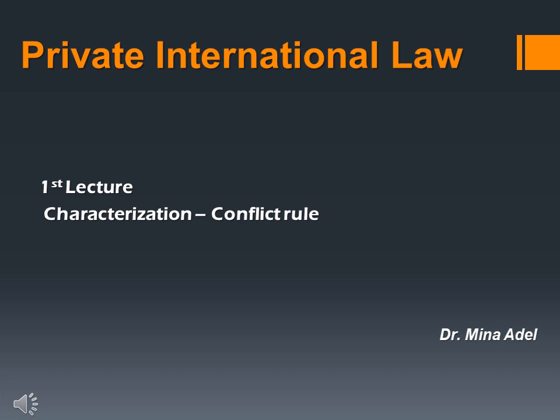So in this case we will not need to apply the classic mechanism of conflict of laws. We will apply this convention directly. So we will not have to apply a conflict rule. We will apply these substantive rules directly, and we will have the same solution everywhere, concerning the states who signed this convention.